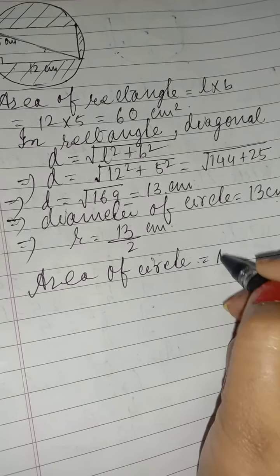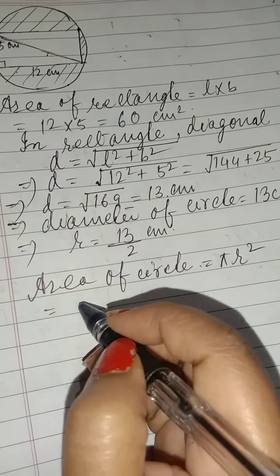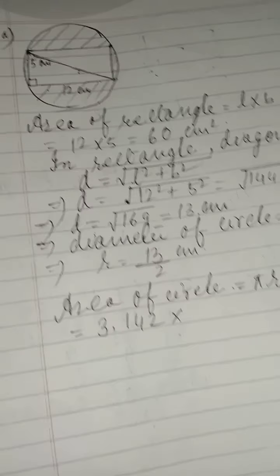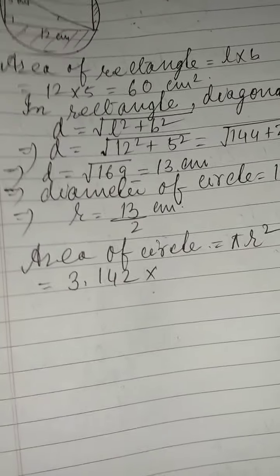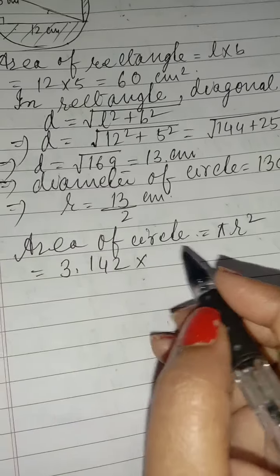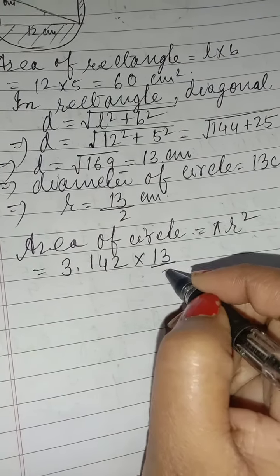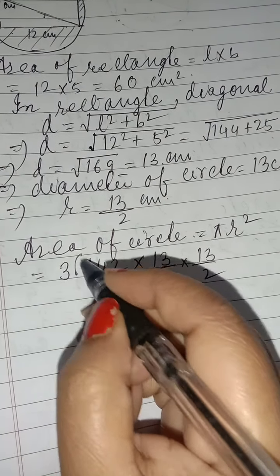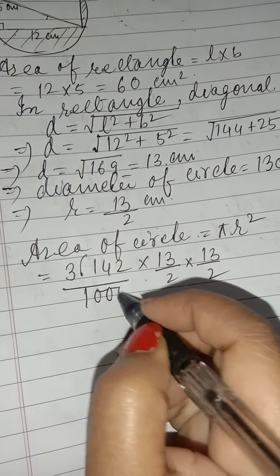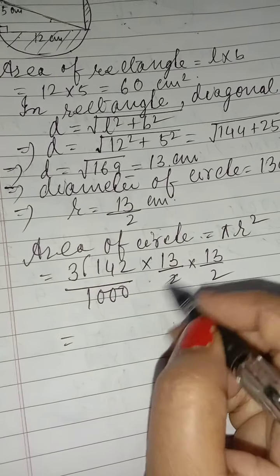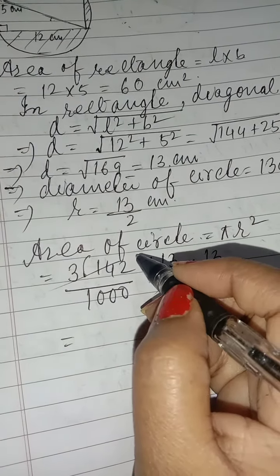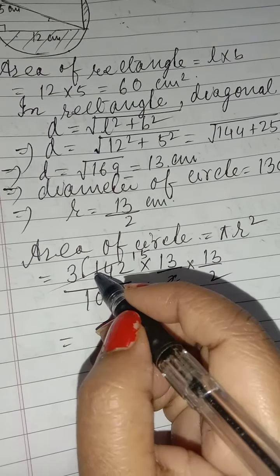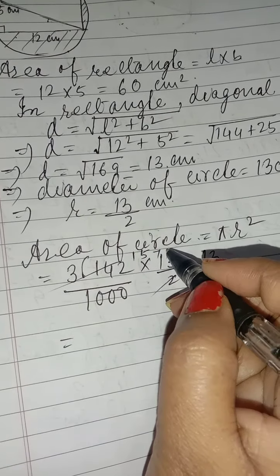Now area of circle is pi r square. Now pi we have to put 3.142 because it is mentioned in the question. And radius is 13 by 2 into 13 by 2. If the decimal is removed, it is 1000. Now we can cancel here. 2 ones are 2, 2 fives are 10, 2 sevens are 14, 2 ones are 2.